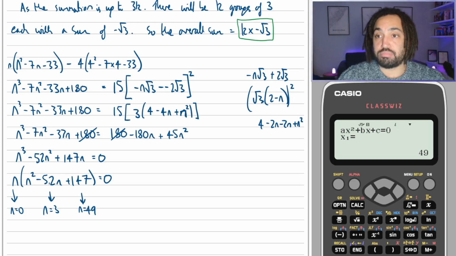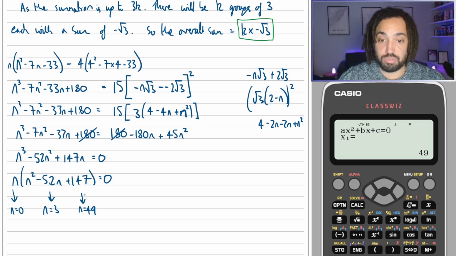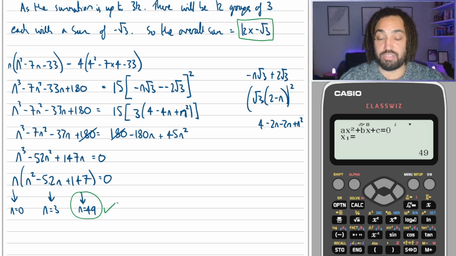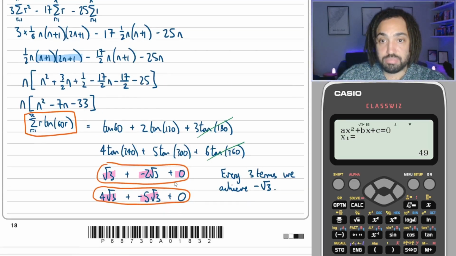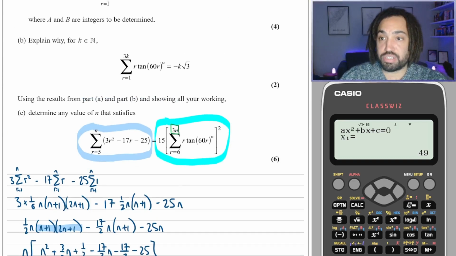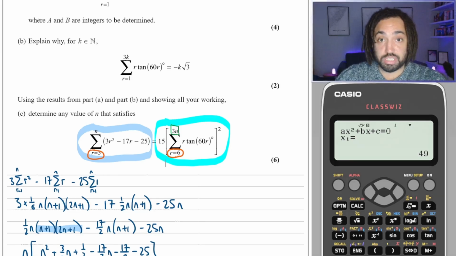So I suspect here that n equals 49 is the correct answer. We can't have n equals 3. And why is that? Well, these summations start from 5 and from 6. So we can't have just n equal to 3 because that wouldn't make sense, because these ones start at 5 and 6.